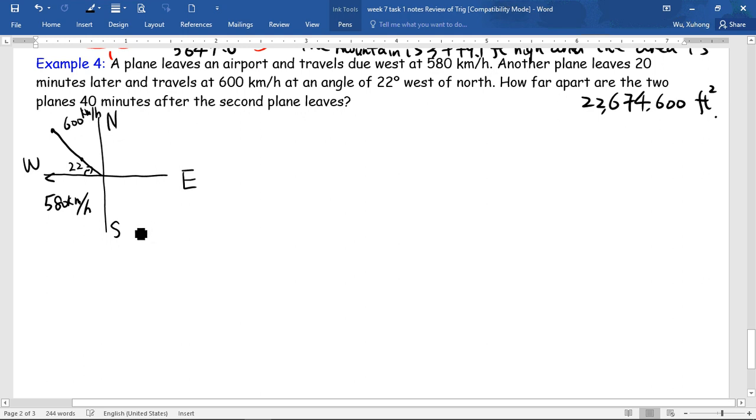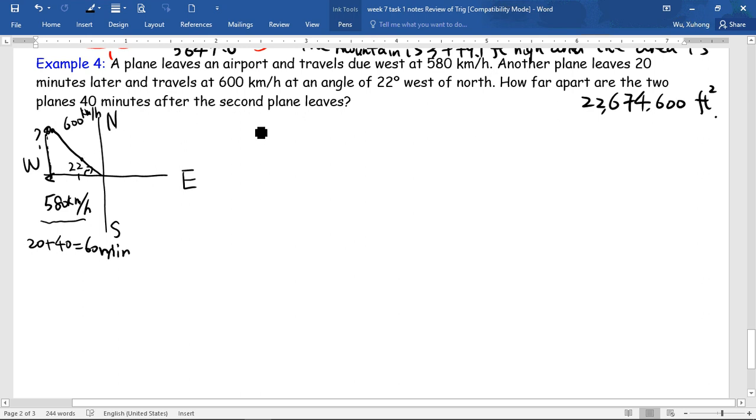It asks how far apart these two planes are after 40 minutes. Remember this one is the early flight, 20 minutes early. So this plane flew 20 plus 40, 60 minutes, and the other plane flew only 40 minutes.